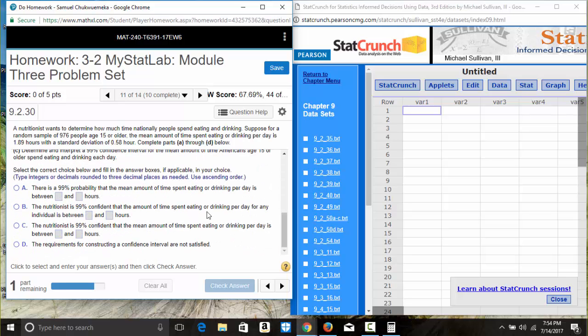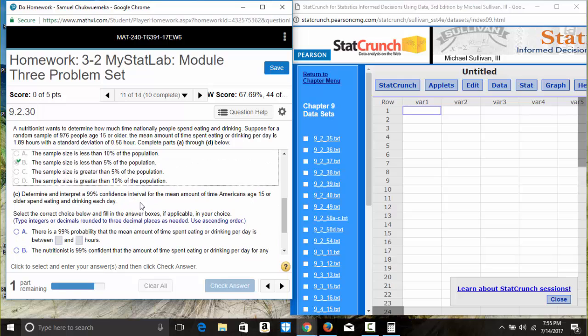We want to construct a 99% confidence interval for the mean amount of time. In this case, we are estimating a population mean.